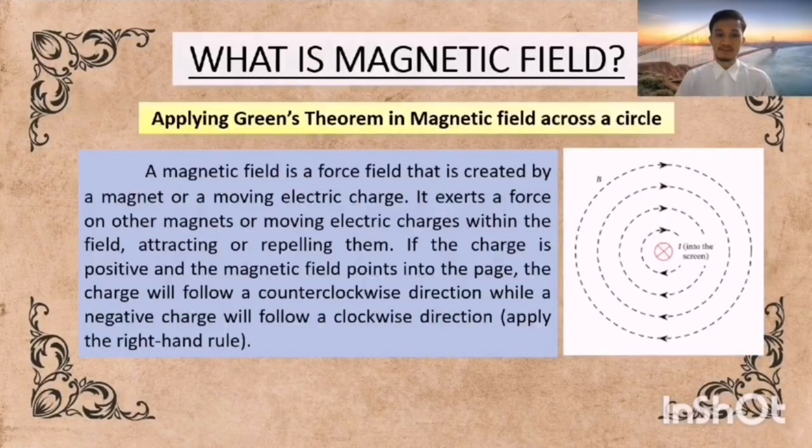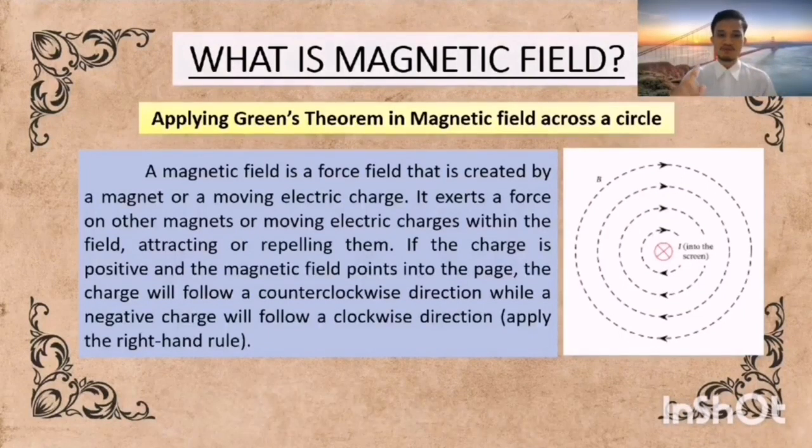So in this section, I am going to talk about what a magnetic field is and applying Green's theorem in a magnetic field across a circle. A magnetic field is a force field that is created by a magnet or a moving electric charge. It exerts a force on other magnets or moving electric charges within the field, attracting or repelling them.